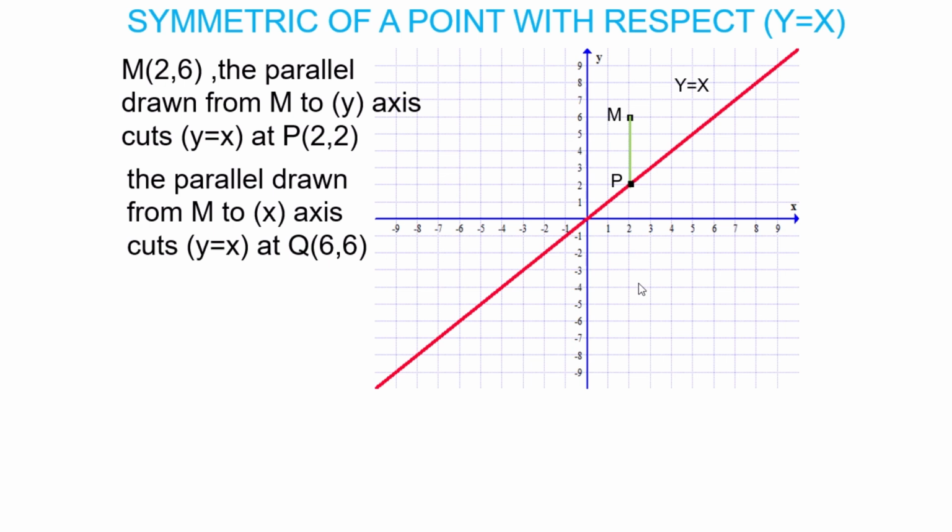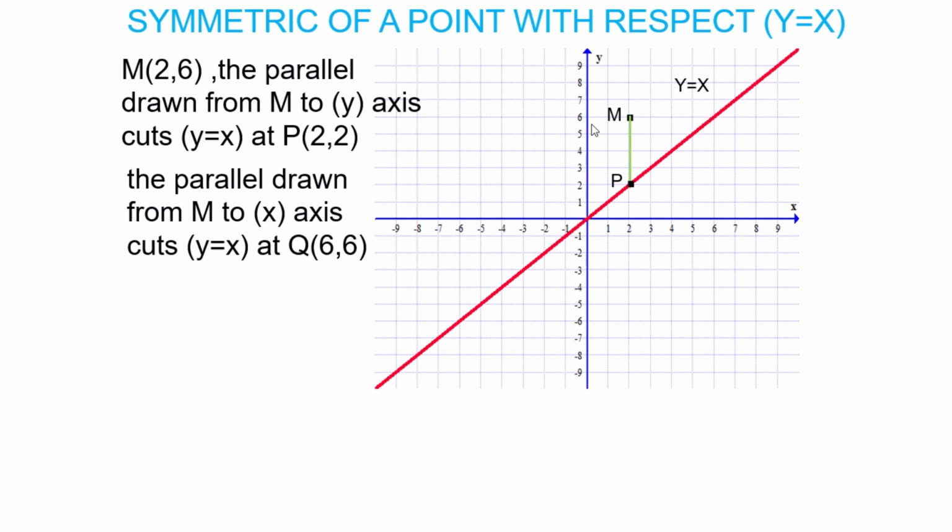The parallel drawn from M to the x-axis. If we draw the parallel here, all the points belonging to a horizontal line have the same ordinate. So this straight line cuts the first bisector at Q. The ordinate of Q is equal to the ordinate of M. Q and M have the same ordinate.